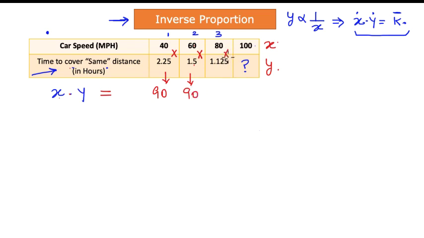When you multiply the third, 80 with 1.125, it also gives you 90. That means under each condition, x times y is equal to 90.